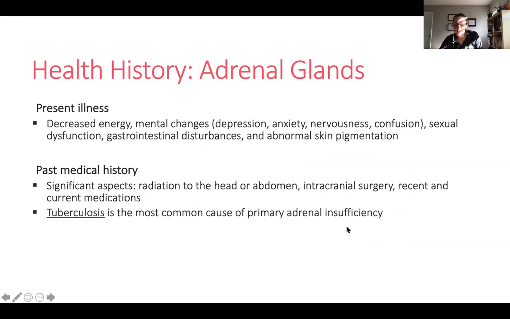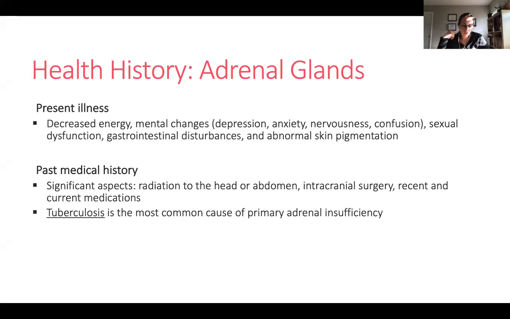So then with dysfunction of the adrenal glands, we want to know what symptoms brought the patient to the hospital. So are they having changes in their energy level? Are they having changes in their mood? Are they having changes in their sexual function? Gastrointestinal disturbances, or are they having any abnormal skin pigmentation?